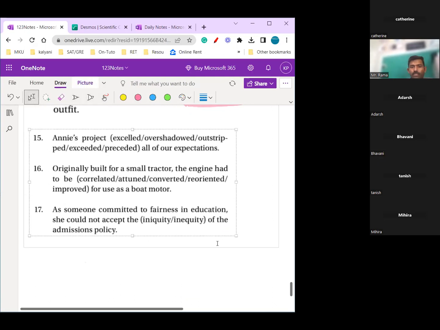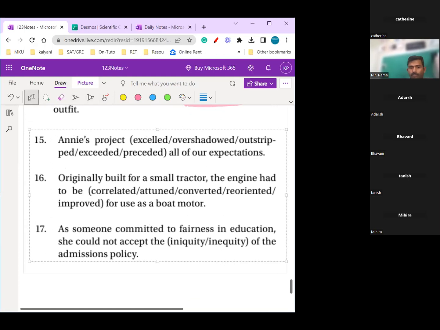Next one. Catherine, can you please read number 15? Annie's project excelled, overshadowed, outscripted, exceeded, preceded all of our expectations. We'll cover which one is the right one to go with. Write it down, and then you can continue with 15, 16 and 17, and I'll answer them in a minute. Answer this one, and then we'll go.